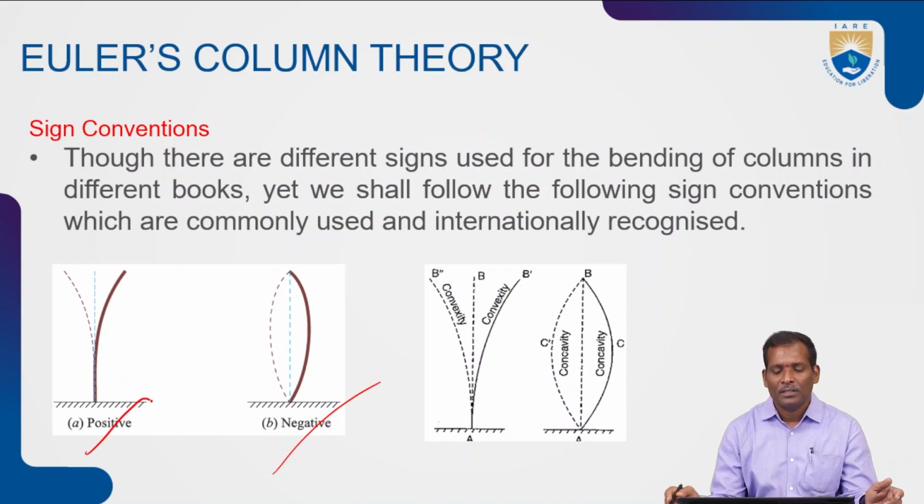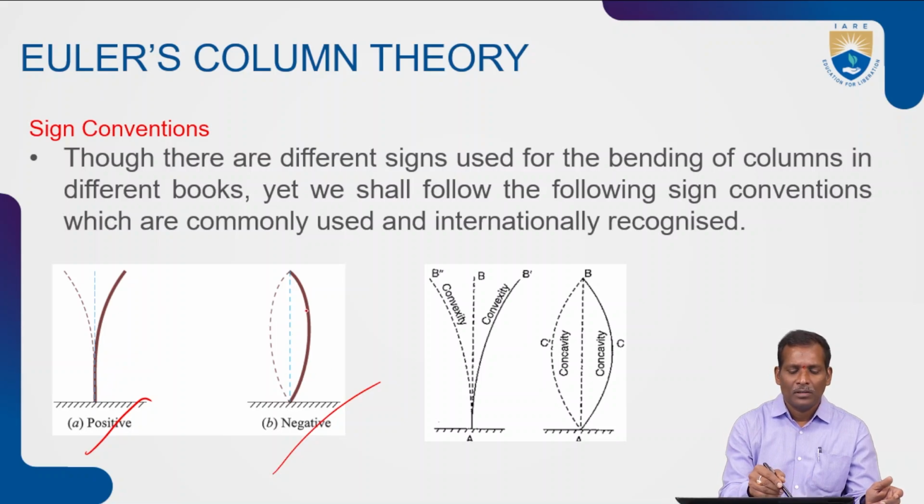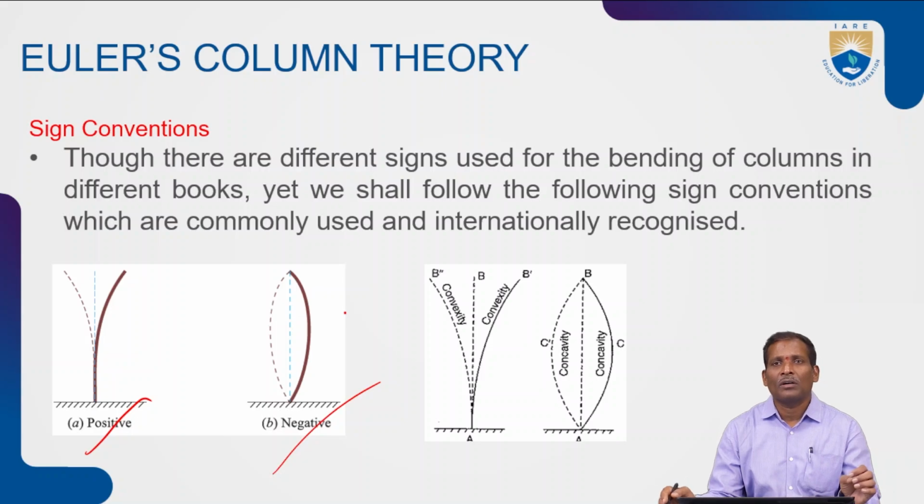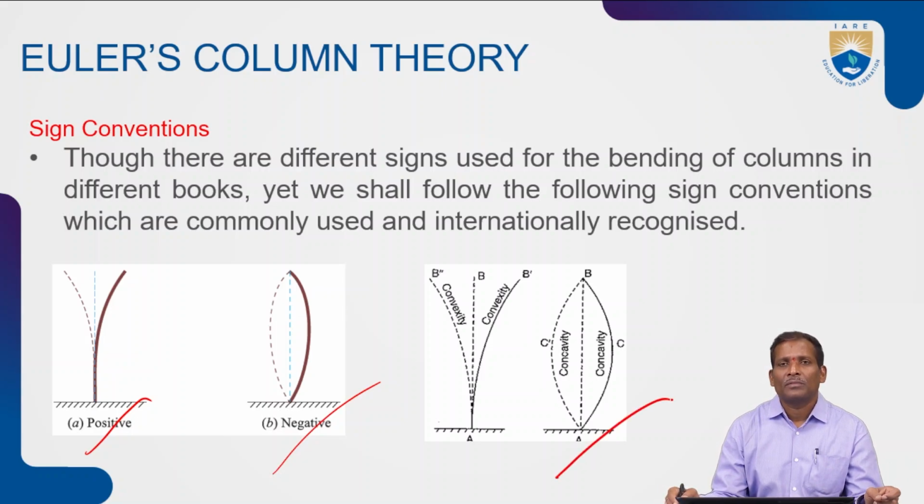Positive sign means convexity. The convexity shape and the concavity shape are already shown in the figure. For concavity shape, always use a negative sign. So a negative sign indicates concavity. The positive sign indicates convexity.